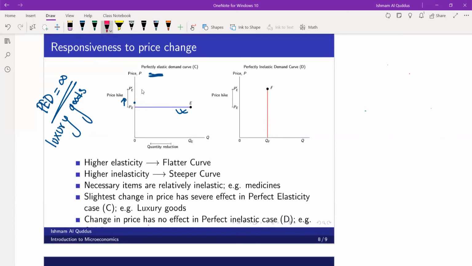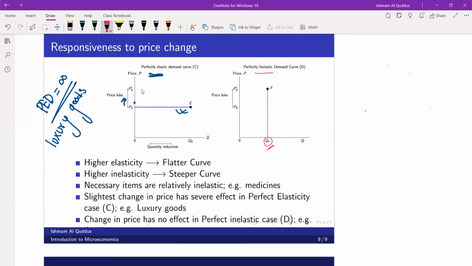On the other hand, here you will see a case of a perfectly inelastic good. A perfectly inelastic good is when it doesn't matter whether the price increases or decreases, or how it fluctuates, the quantity demanded would remain unchanged. Here you see that quantity demanded is at QF and it would stay there.